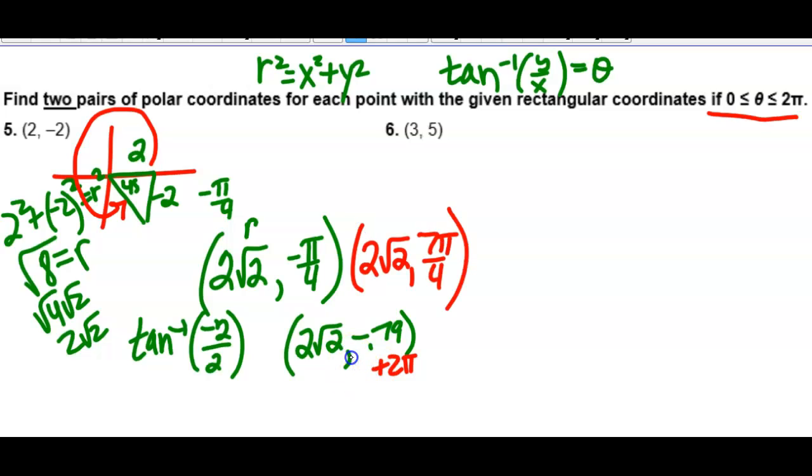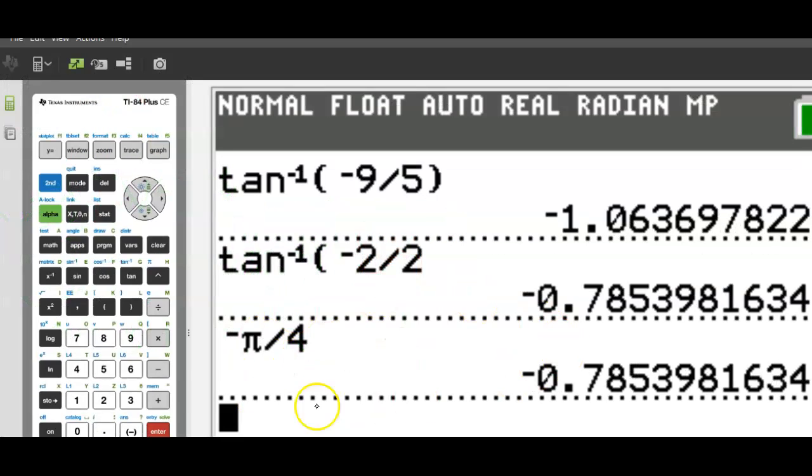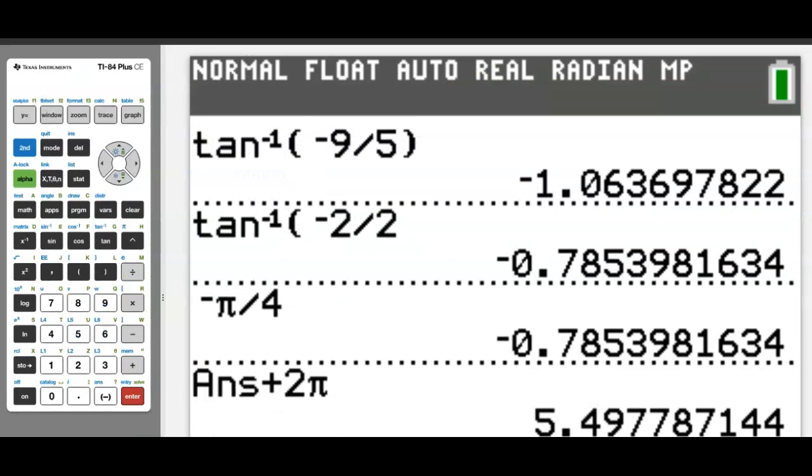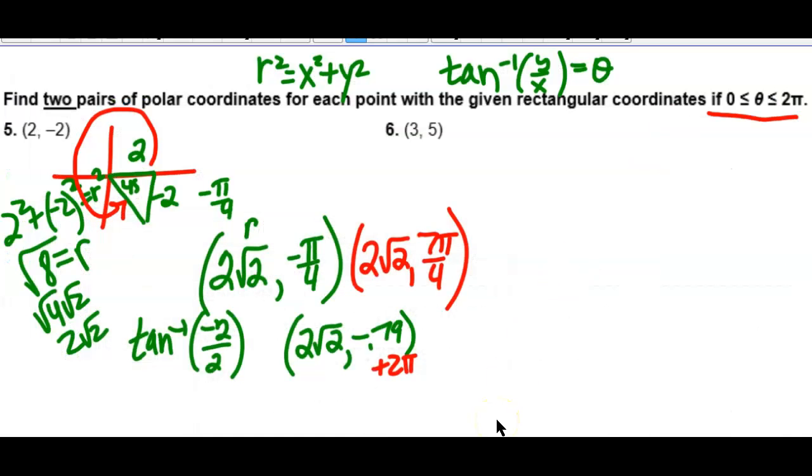But if you're going to do a decimal, if you had that negative 0.78, whatever it was here, and you added 2 pi to it to get a positive number, you would have 5.497 or 5.5, which is equivalent to this 7 pi over 4, okay?